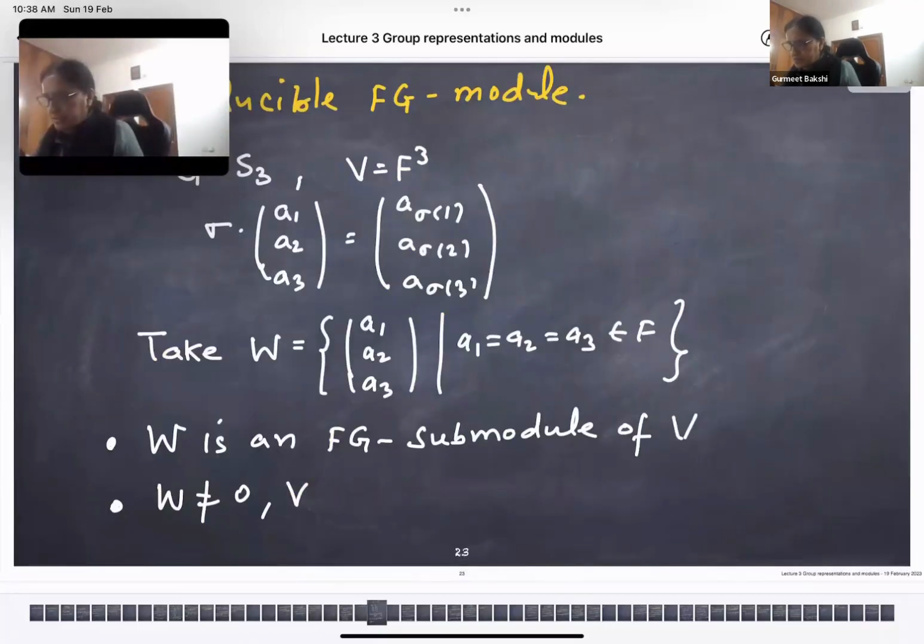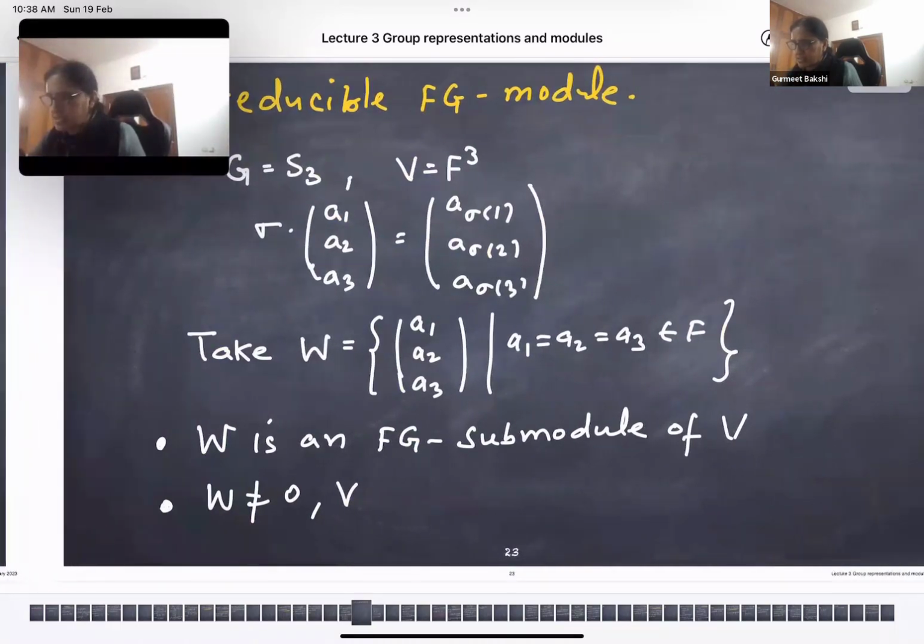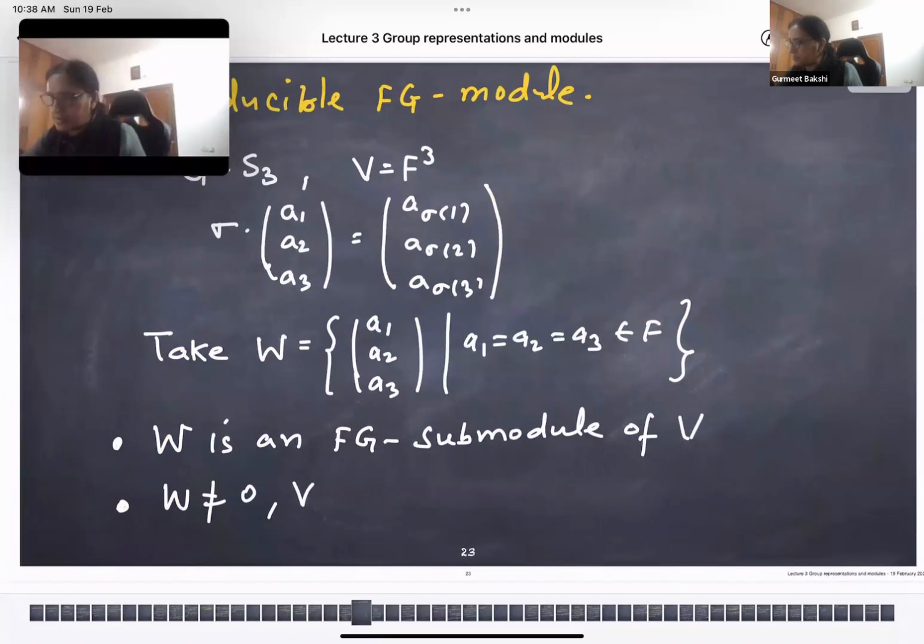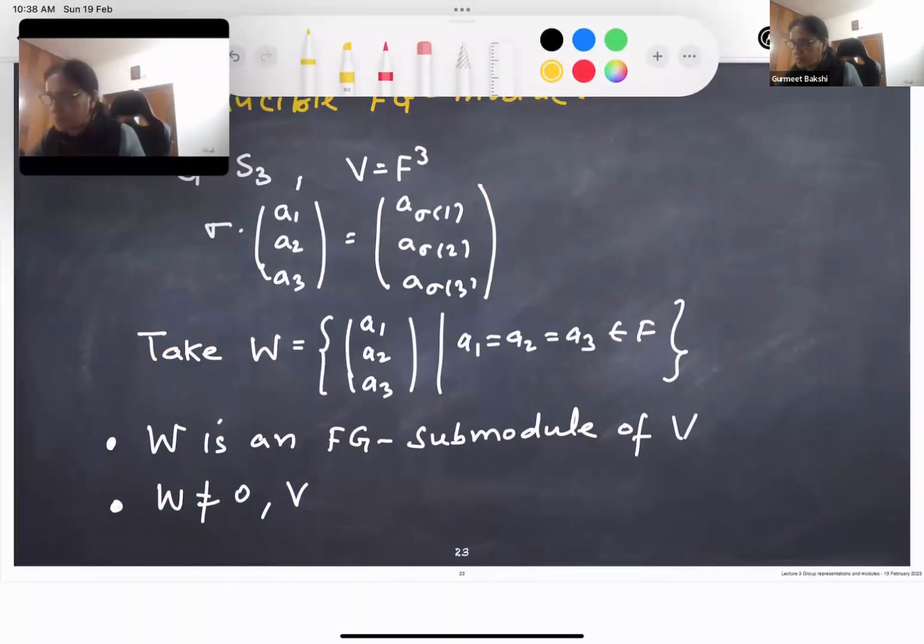All right. So let's see a reducible FG module, just to give you some flavor. Look at G is equal to S3 and V is equal to F3.